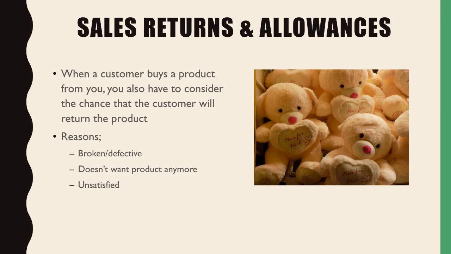Oftentimes when you sell a product, if you don't check it ahead of time, things could be broken or defective, maybe they don't need the product anymore, someone else bought it, maybe it was a gift, that's why they're returning it, or they're just unsatisfied with the product overall. Of course, this is very general information.